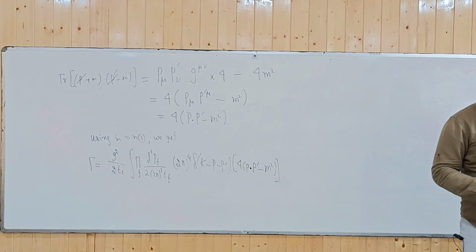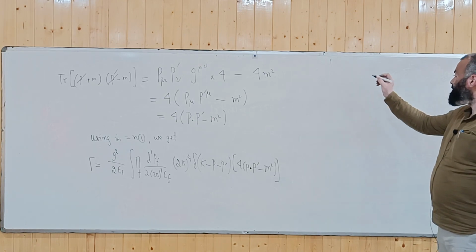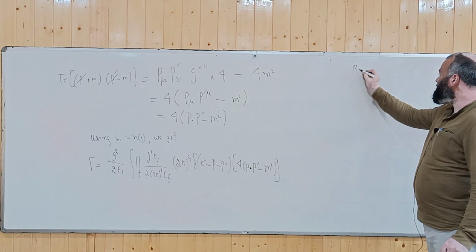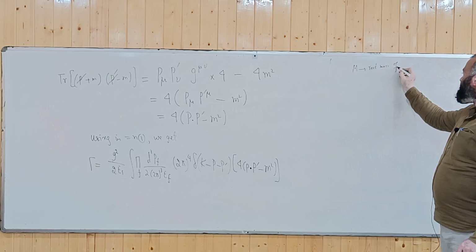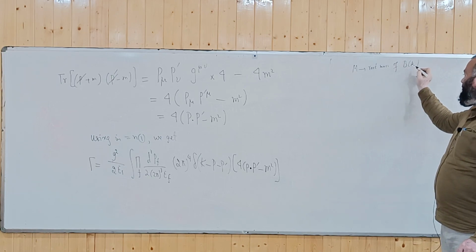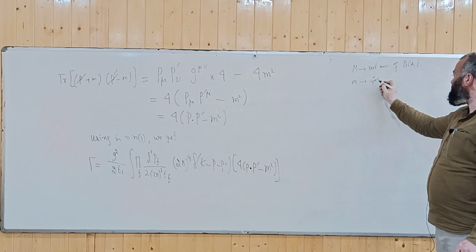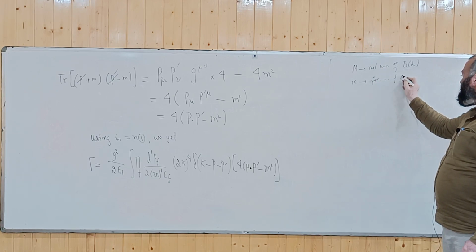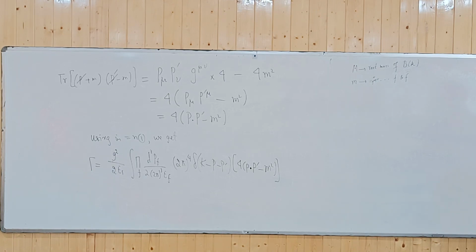So what I will do, before doing that, let me assume M is the rest mass of the boson. And you are having m for the rest mass of fermion and antifermion, because we will assume this fermion and antifermion pair have the same mass.